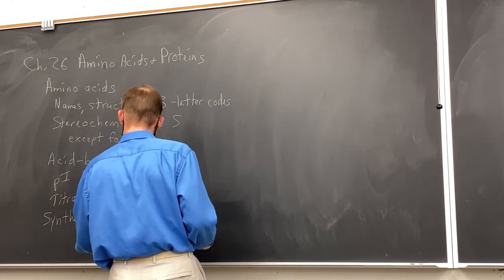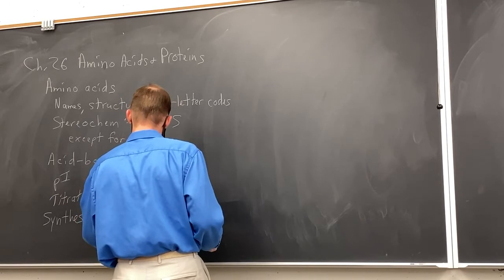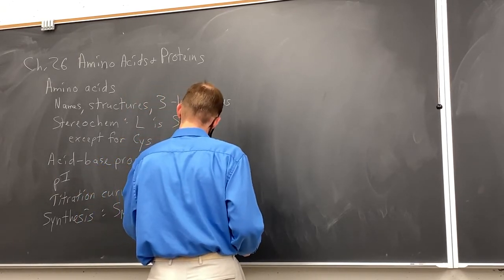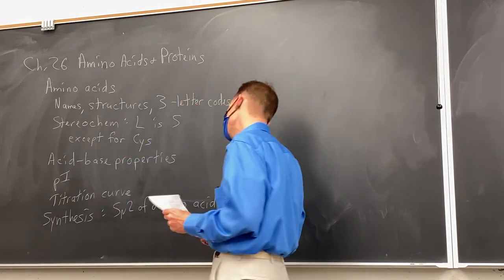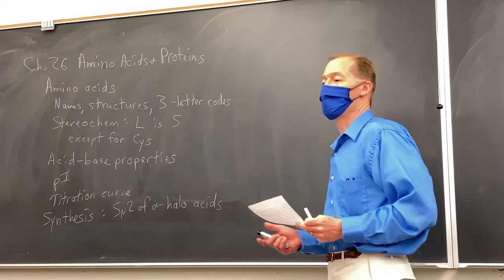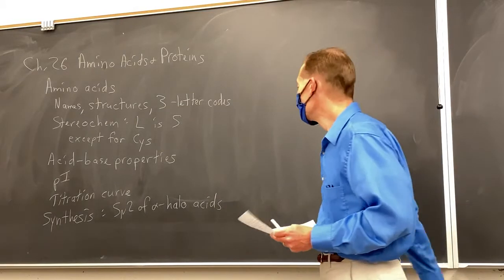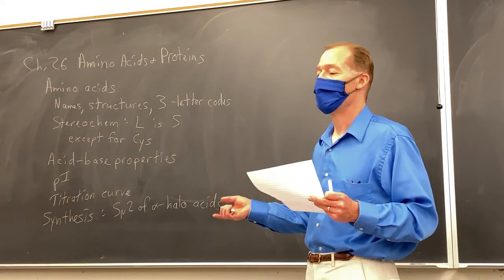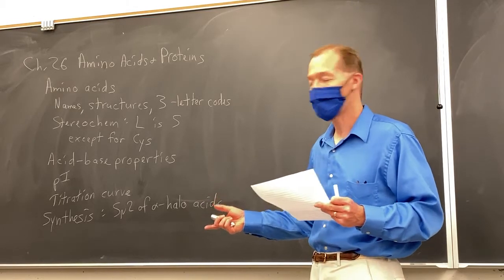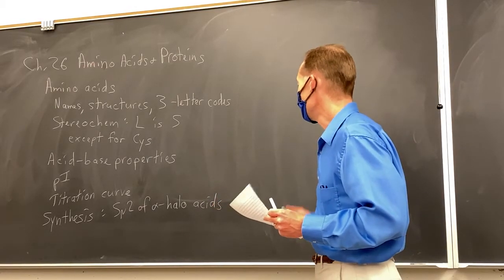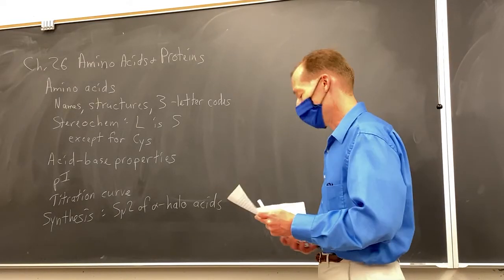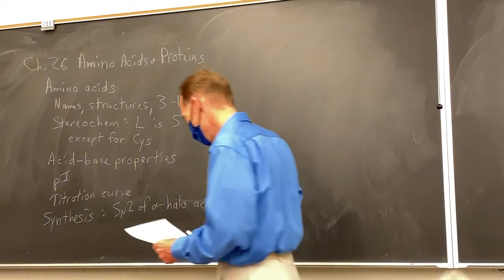We had the SN2 reactions of alpha halo carboxylic acids. So we could react those molecules with ammonia as a nucleophile. And then because of the inductive effect, that alkylation product would be less reactive than ammonia. And so it's an alkylation of ammonia that stops at monoalkylation. So that works well.